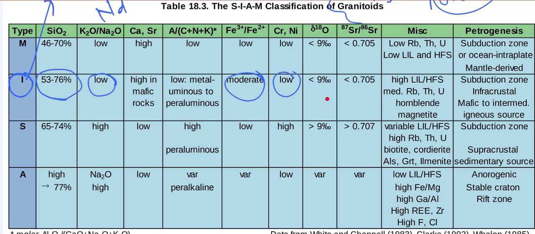Oxygen fugacity is not required. Strontium 87 is very low. There is high LIL and HFSE content. Granite is already enriched in REE minerals and incompatible elements. Relative to the CM, this igneous source has a higher amount of LIL and HFS elements.